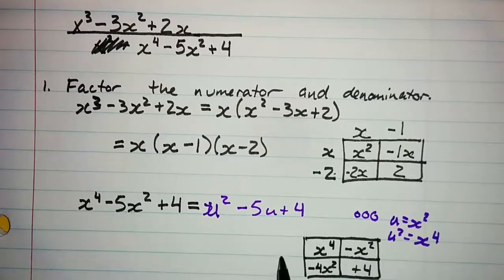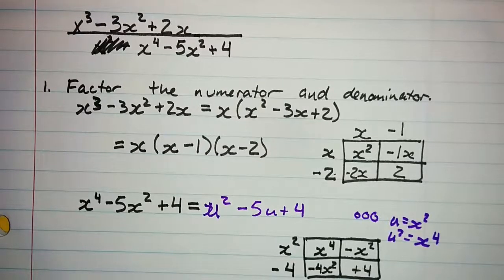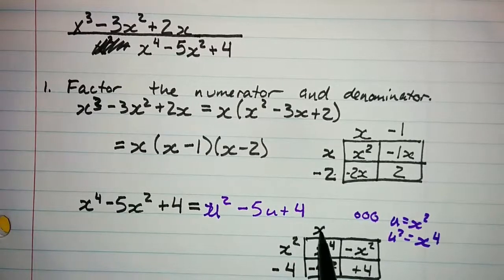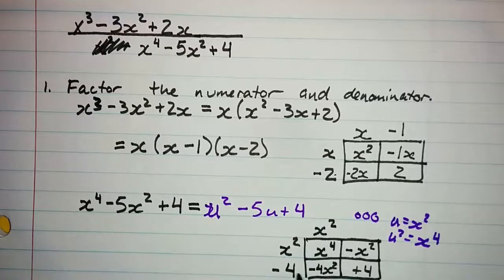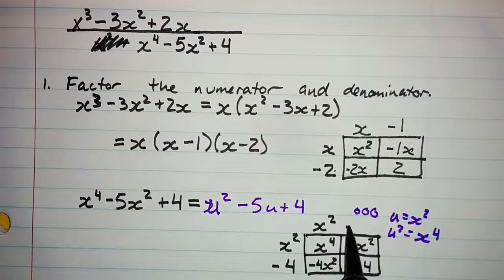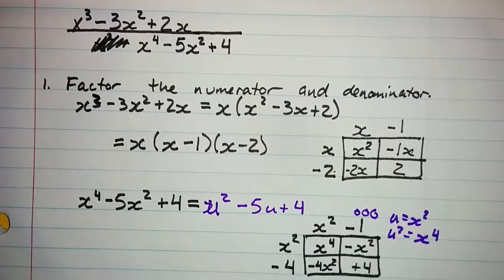Greatest common factor in this row will be x squared. In this row, I think I'll have a -4. Here I'll need an x squared. That works. Here I'll need a -1. That works.